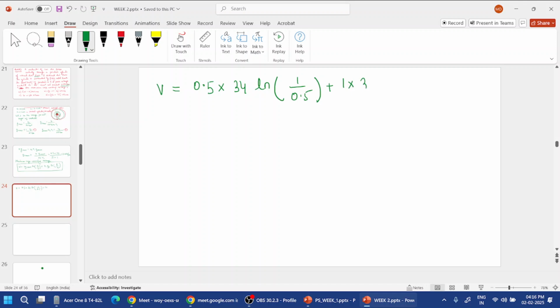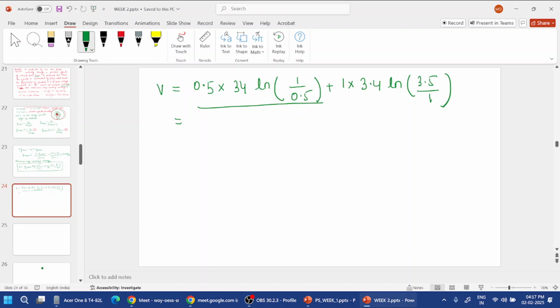G2 max, we just calculated 3.4, into log capital R, which is the external radius of the porcelain cylinder. So basically, it will be 3.5 divided by R. These all values are given in the question. So if we solve this part, it will come out to be 0.5 into 3.4, around 1.7.